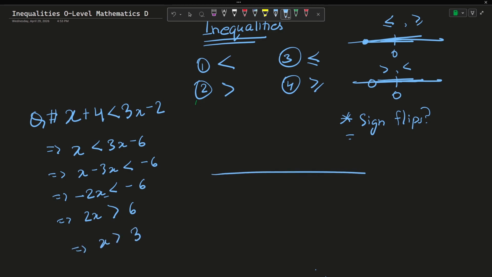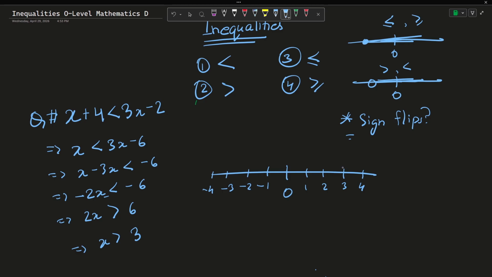Now if we try to represent it on the number line, if you have 0 here, 1, 2, 3, and so on, and here you have minus 1, minus 2, minus 3, minus 4, and so on. The question tells us that x is greater than 3, not greater than or equal to.